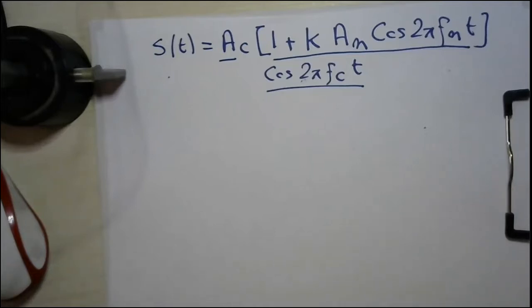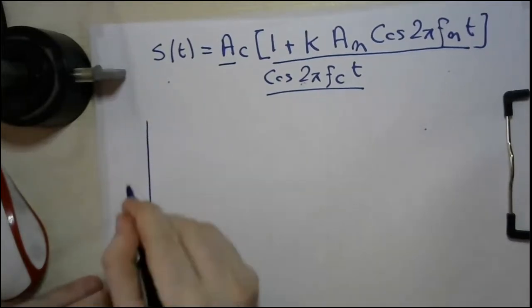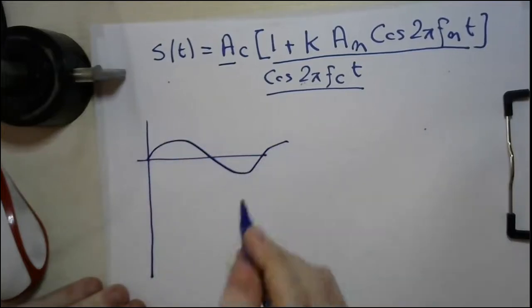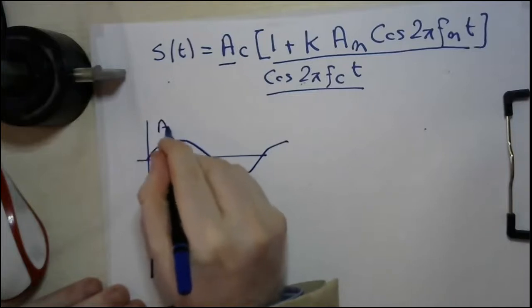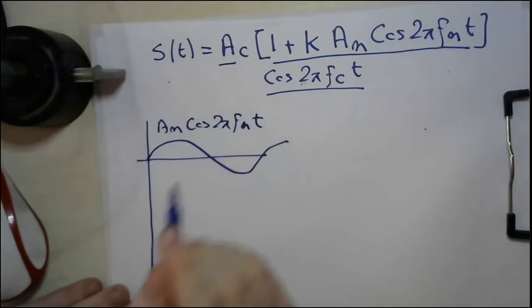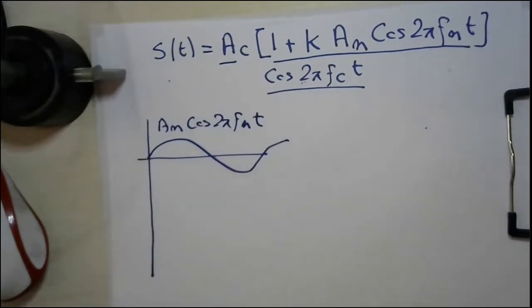Let's start first to investigate how we can plot it. So first, let's start with m of t. m of t is simply a normal message, A_m cosine 2 pi f_m t. You multiply by k. Okay, so k is a constant.